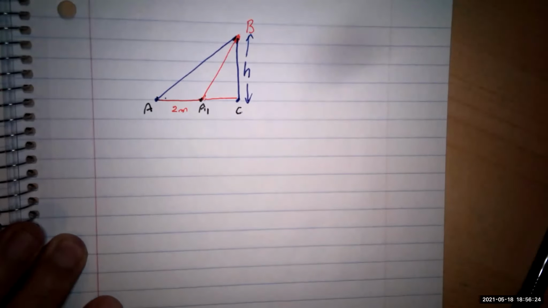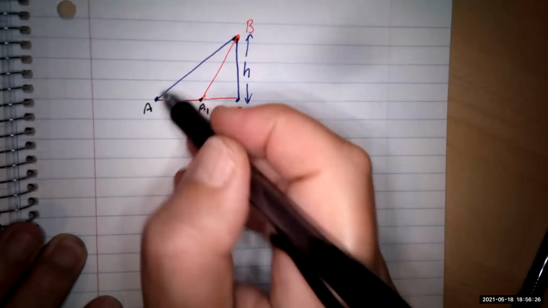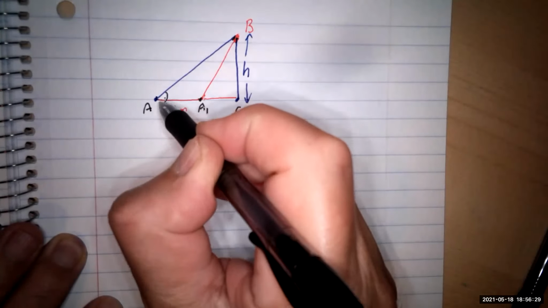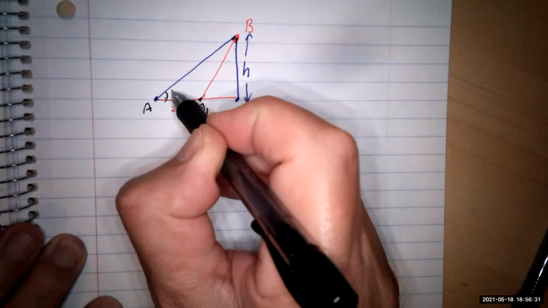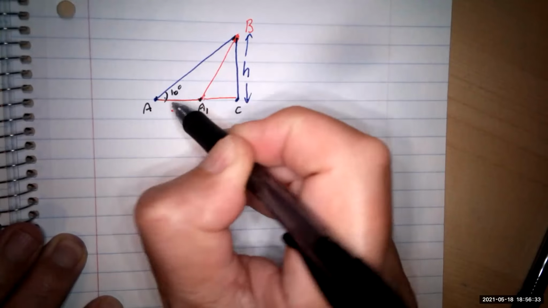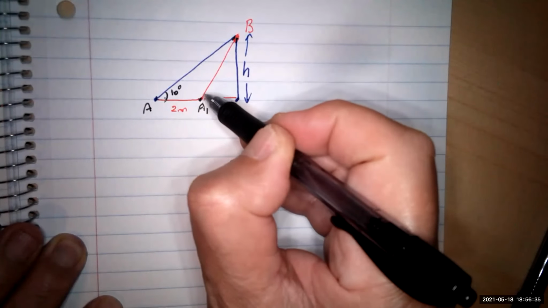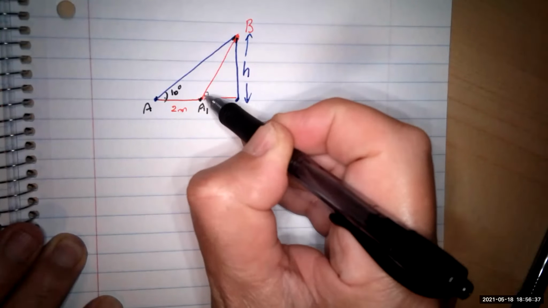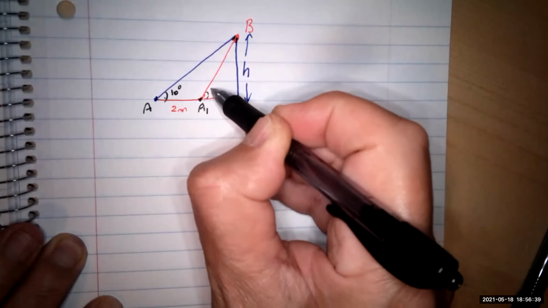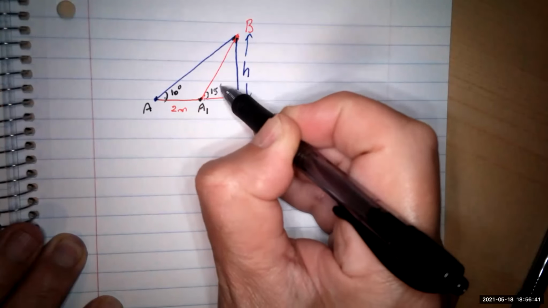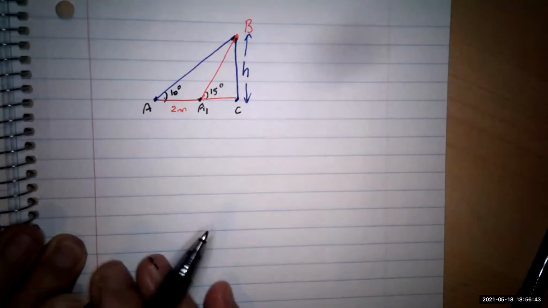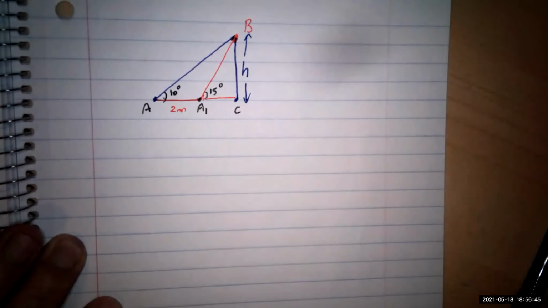For the first one, the angle that he or she is looking is, let's say, 10 degrees. And for the second one, the elevation angle, we call it, is 15. So the angles are 10 and 15, and they are 2 miles apart.